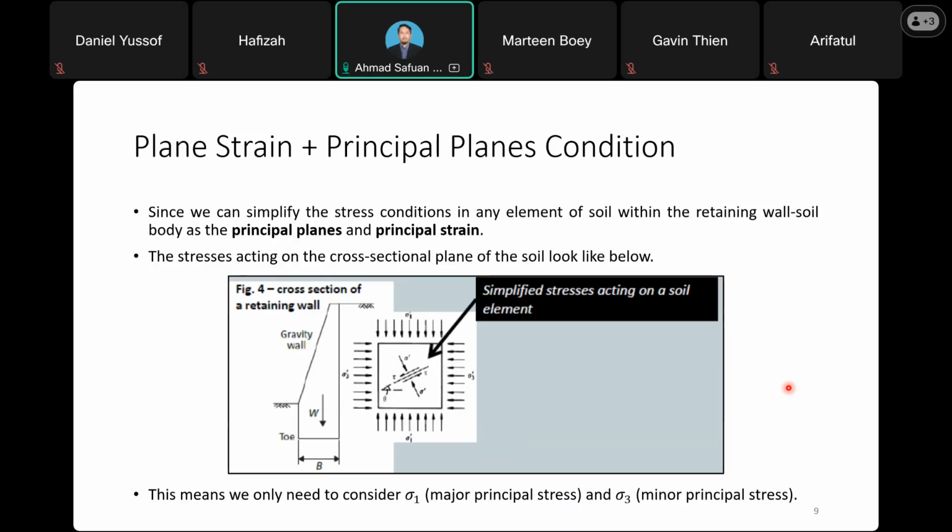So this means we need only to consider sigma 1 and sigma 3 in order to understand the behavior inside the soil body.